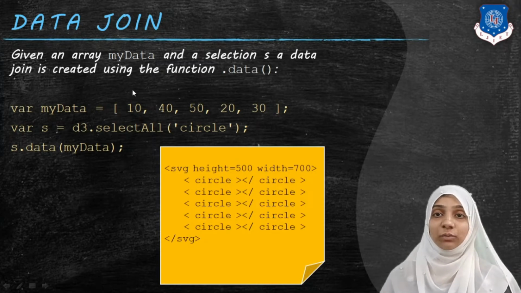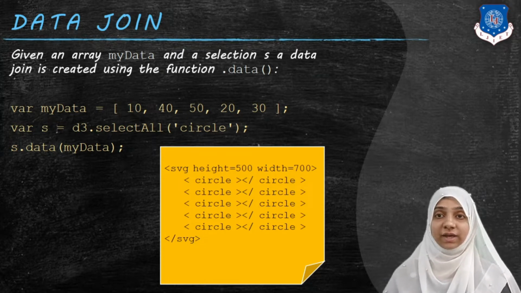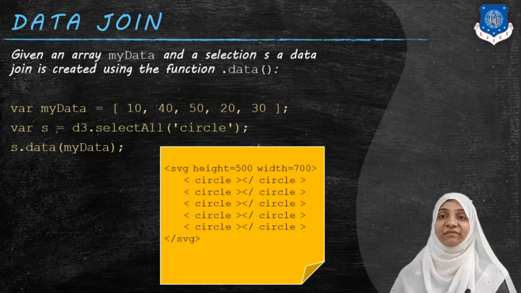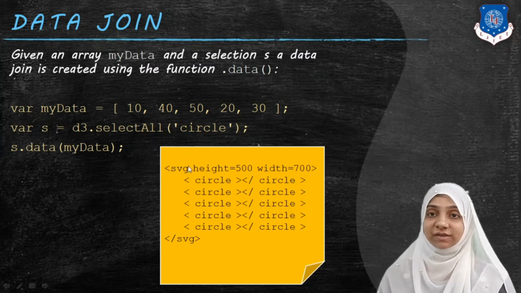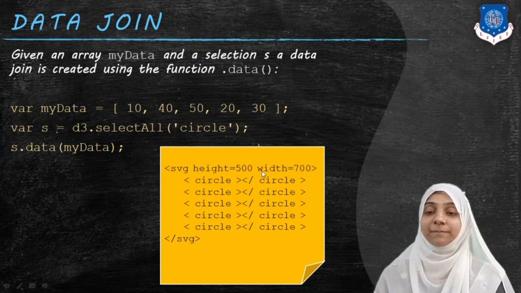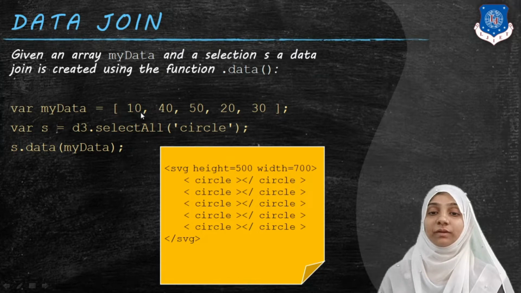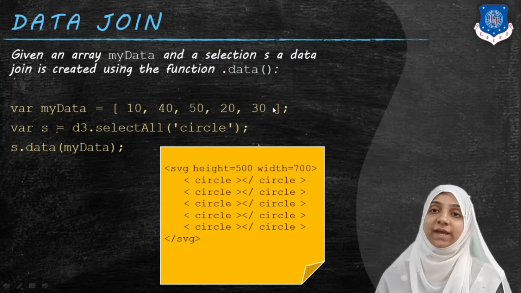First case that we are going to see is where the number of elements in the array is equal to the number of graphical elements. Say for example, in this SVG tag which is 500 pixels in height and 700 pixels in width, there are 5 empty circle tags, and here the variable my data is also having 5 elements, say 10, 40, 50, 20 and 30.